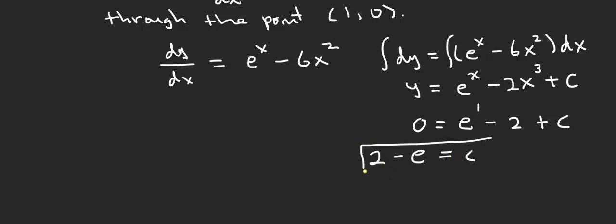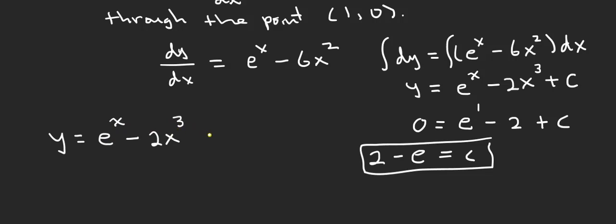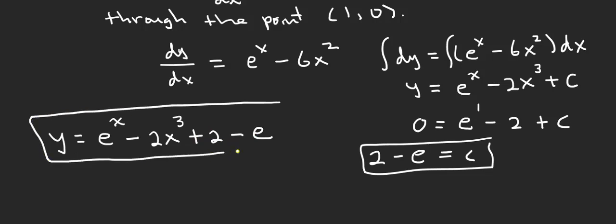So that is the value of c. So what is our particular solution? It's going to be y equals e to the x minus 2x cubed plus 2 minus e. This is the particular solution where the graph will pass through (1, 0).